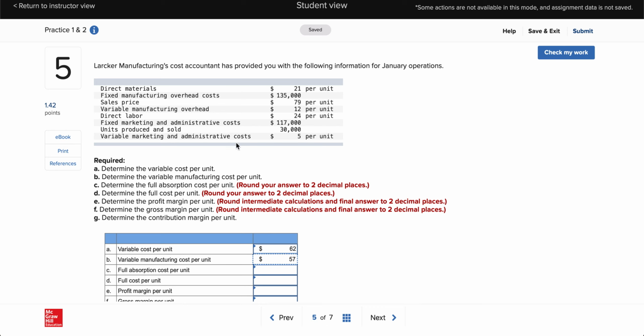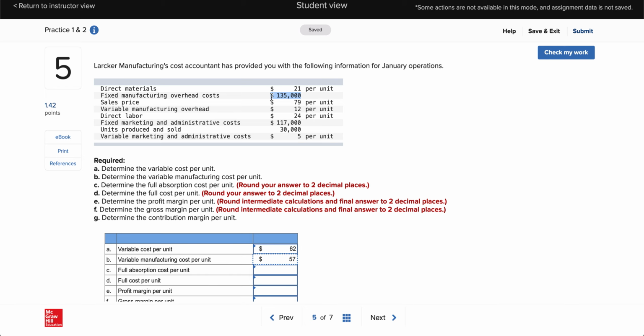We want to use the entire cost that would end up going into cost of goods sold. So we're talking about our direct materials, direct labor, and all of our overhead here. In this case, we're looking at 21 plus 24 plus the 12 here, and then we want to take a look at the other manufacturing piece here, just to clarify it.